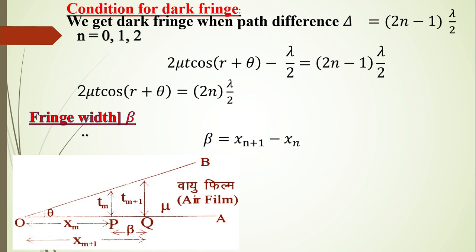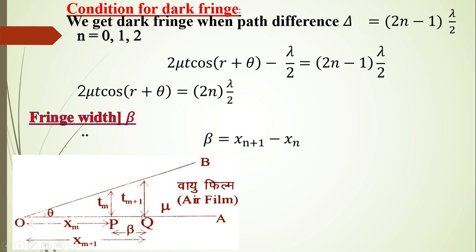Fringe width is defined as the distance between two successive dark fringes, or two successive bright fringes. Now we consider only dark fringes.